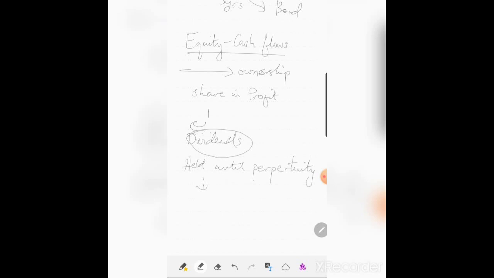So there is a secondary market that exists for the same. You can think of trading them in the secondary market, especially if there's an exchange which is very liquid or very active. The trading can happen and you can exit your investment by selling it in the secondary market. Otherwise, the shares are held until perpetuity.